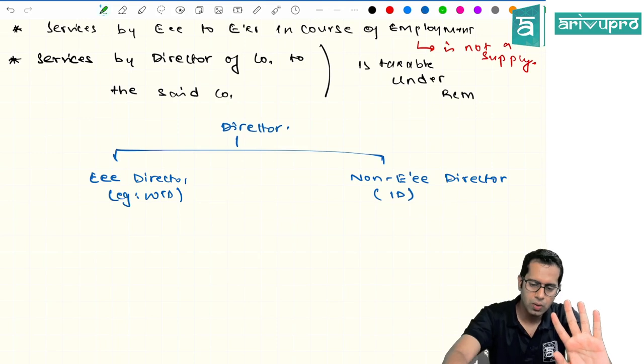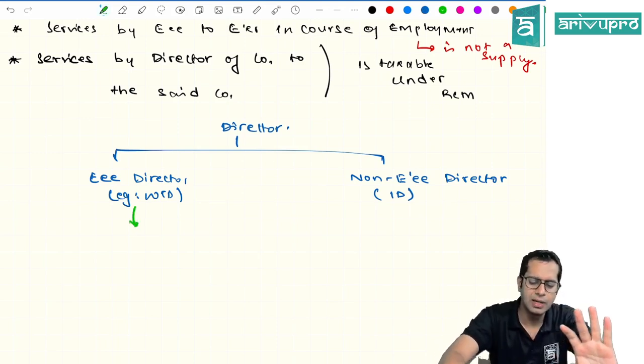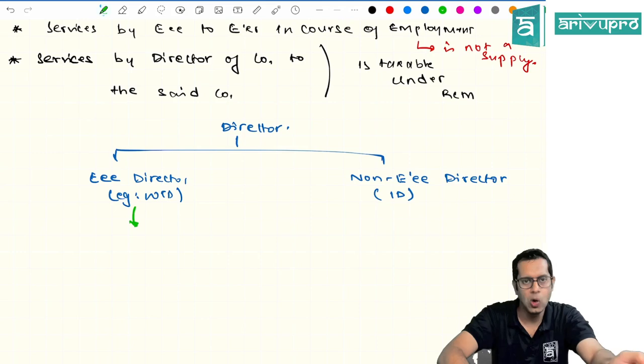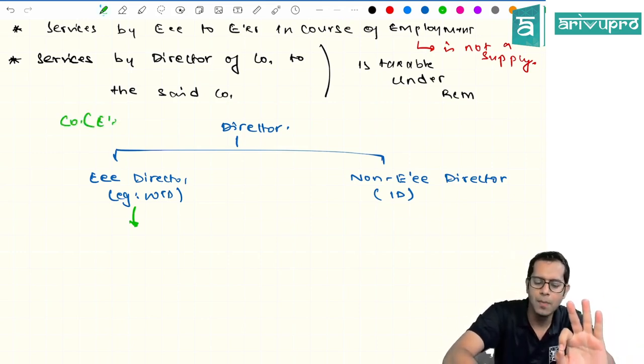So now what happens if services are given by an employee director to the company? The company will be the employer for him.